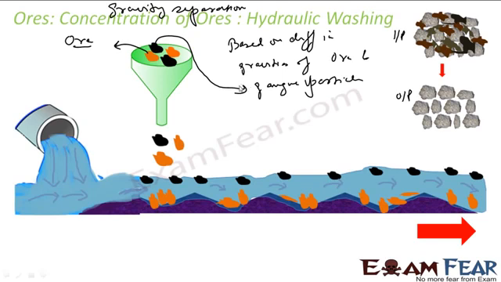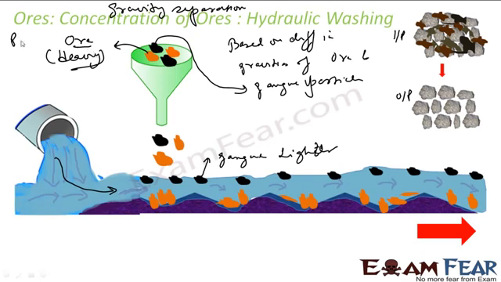So in this case, my ores are heavy and these gangue particles are lighter. Right? So what we do is we have this upward stream of water. This stream of water is used to wash the powdered ore. This ore is nothing but a powdered ore.